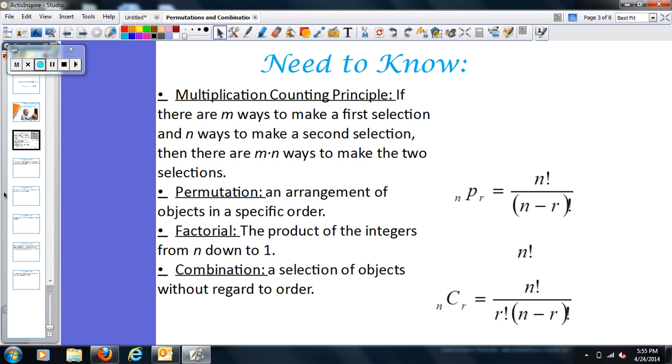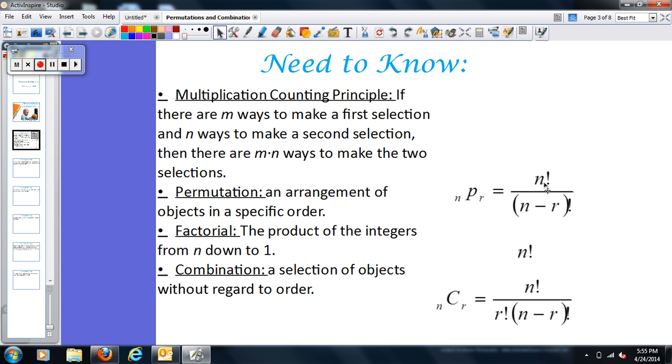If you look at permutations, it's just very simply an arrangement of objects in a specific order. Okay, that's the key with a permutation, it requires a specific order. If it's a permutation, it's using the formula nPr, where n is your total number of items, r is how many you're choosing at a time.